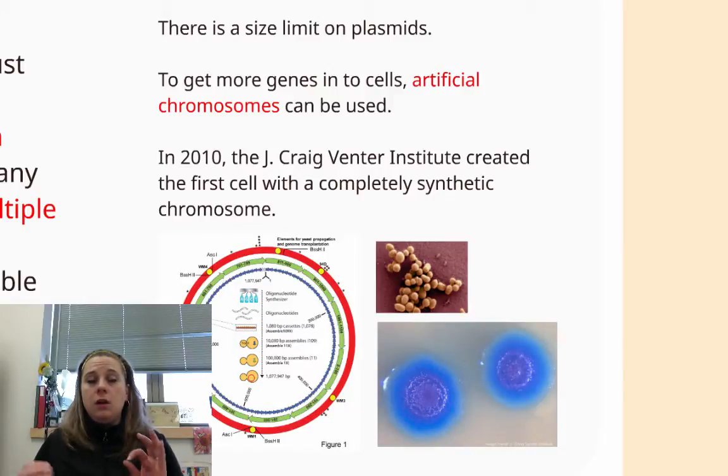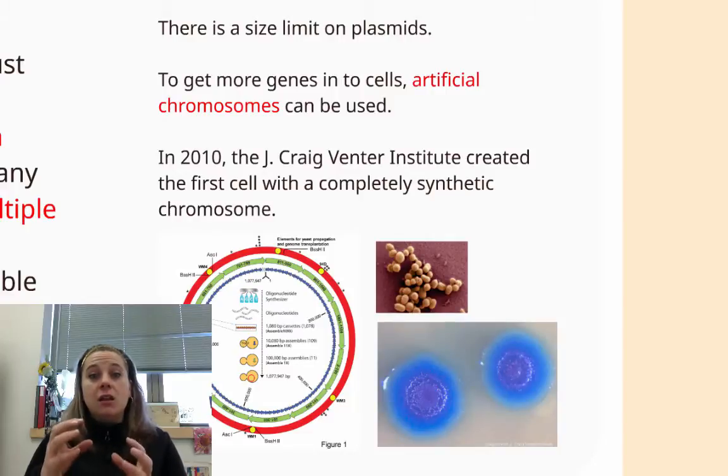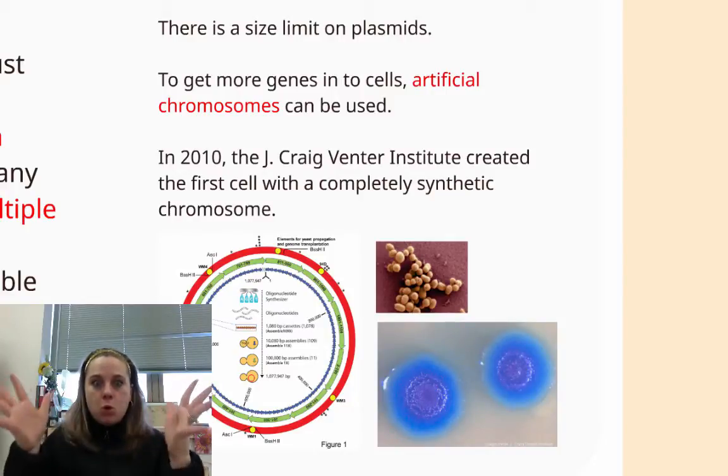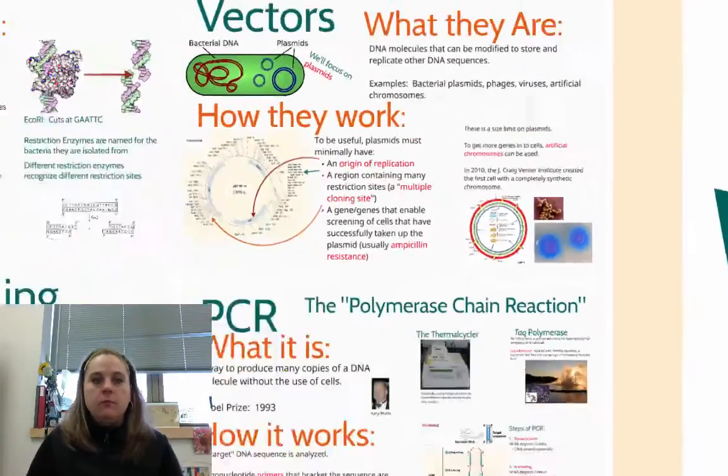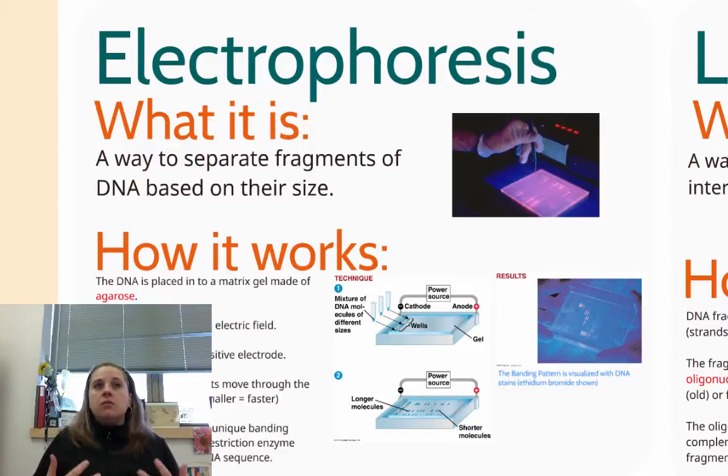Fully synthesized, meaning a man-made genome that they inserted and created a cell, and it divided. That was the thing. It wasn't so much that they could put it into the cell, it was the fact that it took it on, turned the information on, and the cells divided. Crazy.